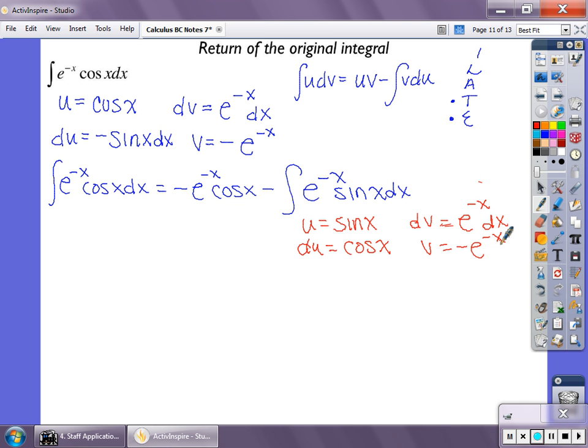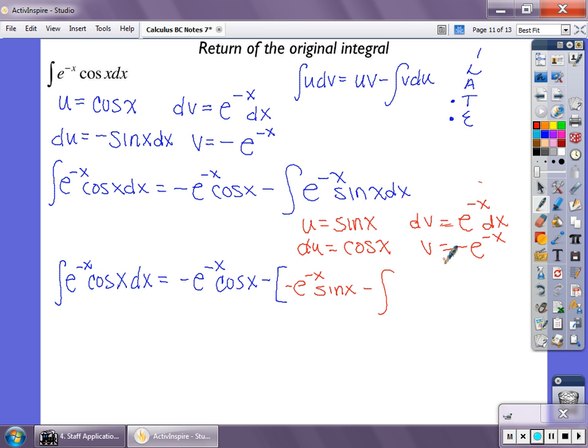And so we're going to rewrite, and we have to rewrite everything. I know it's annoying, but you're going to see why in this example. So we have the integral of e to the negative x cosine of x dx is negative e to the negative x times the cosine of x minus, and then we have u times v, so negative e to the negative x sine of x minus the integral of v du.